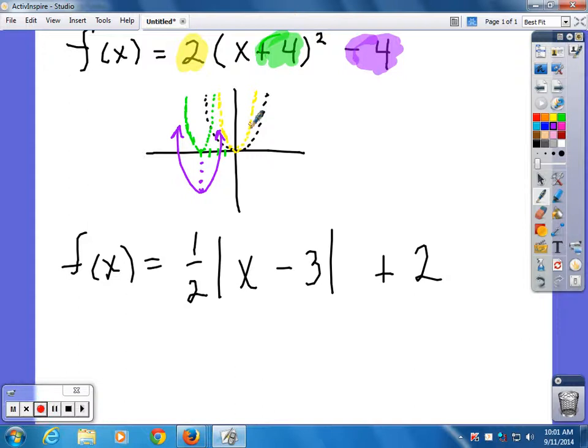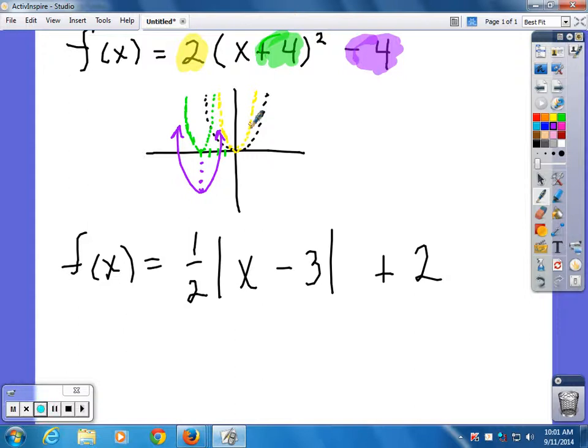So if it's a fraction, it's wide. If it's 1 1/2, then it would be skinny.